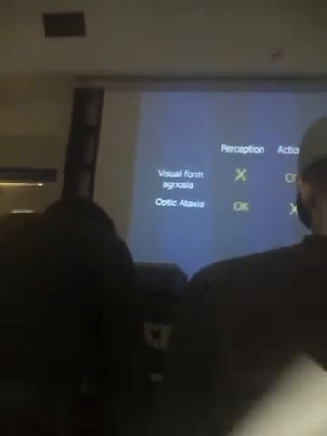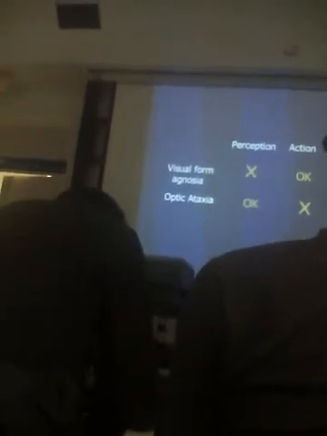So to summarize, when the site of damage is in the ventral stream, motor action is perfectly fine, but perception is impaired, resulting in visual form agnosia. Remember, the ventral stream is specialized for analyzing what an object is.